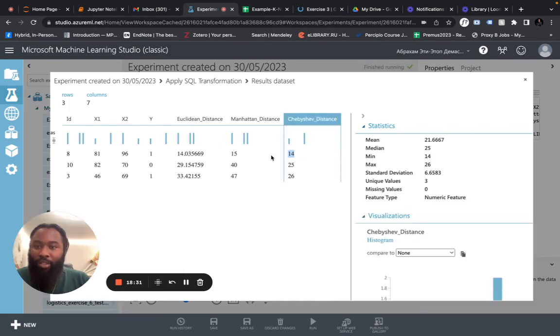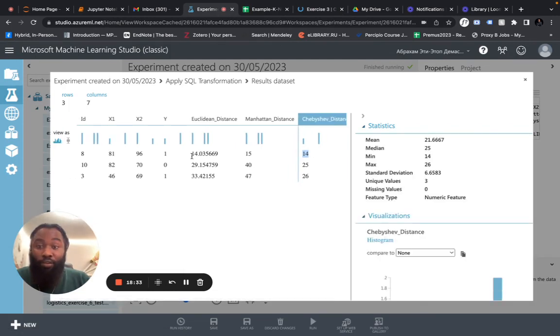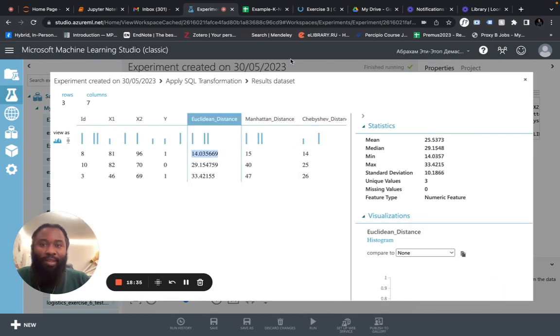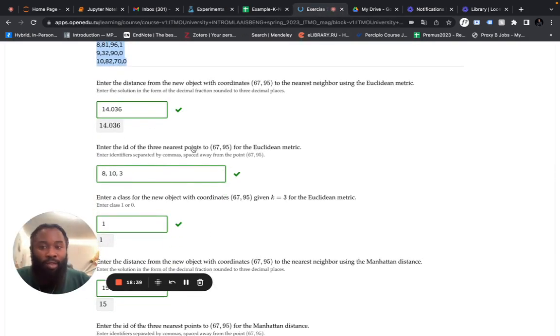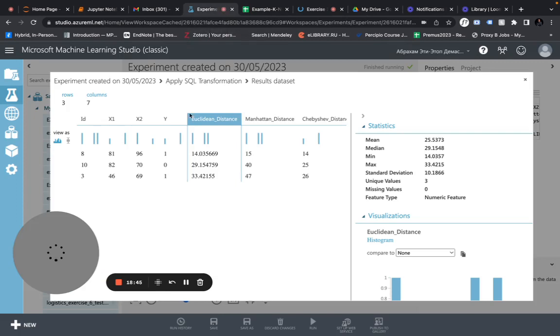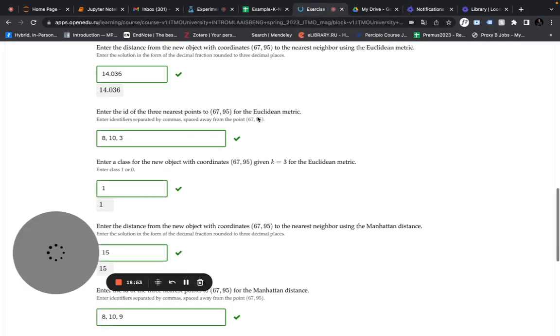No, 14 is Chebyshev. Manhattan, we're talking about Euclidean 14.03. And that's correct. Enter the ID of the 3 nearest points to 67 and 95 for Euclidean distance. We got that as well. The 3 nearest points is 8, 10, and 3. And that looks absolutely right.